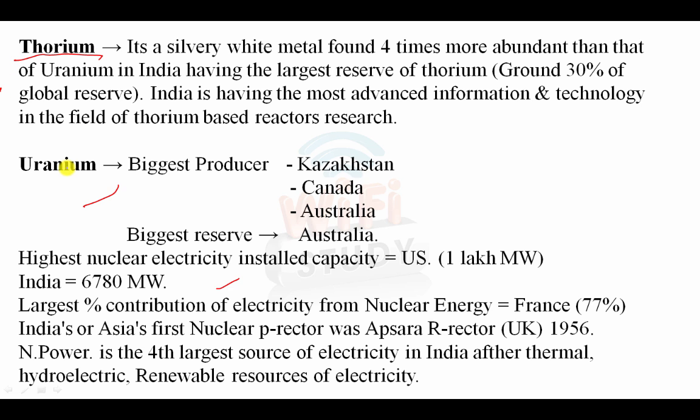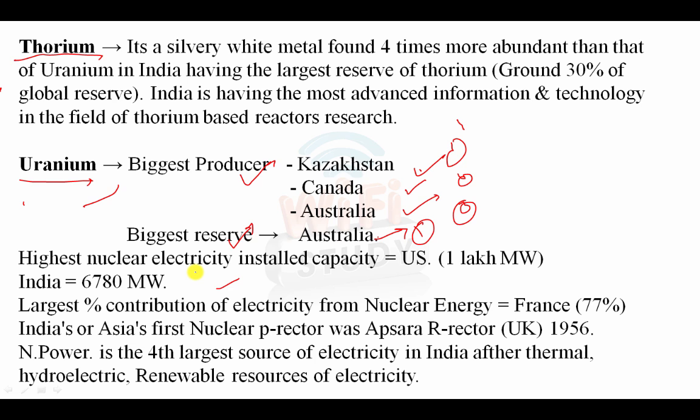And now uranium. The biggest producer of uranium is Kazakhstan, then Canada, then Australia. Okay, and the biggest reserve of uranium is in Australia. So you need to learn this: who is the biggest producer and where is the biggest reserve.